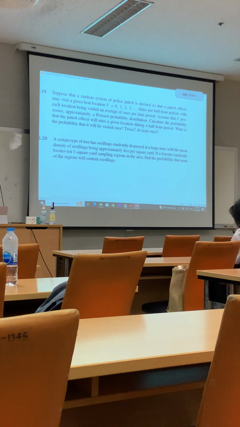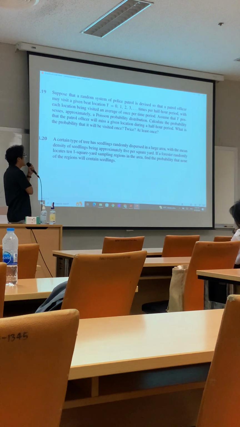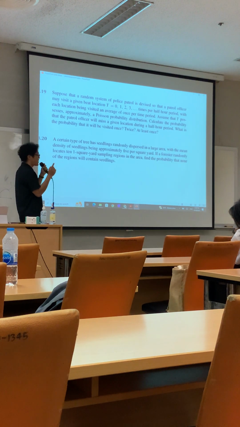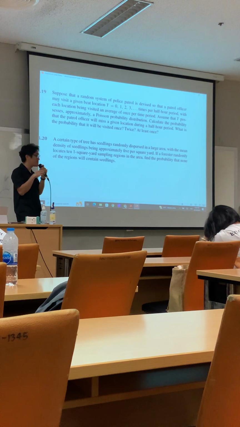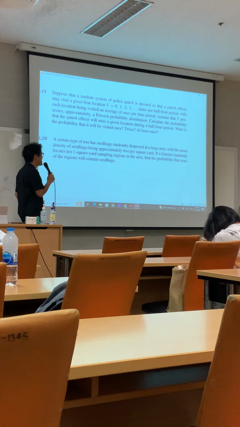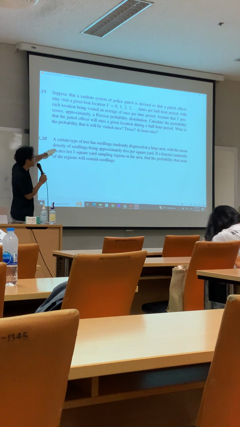Example 3.20. Okay, listen to this. This is the first example that you see in terms of area, not time. A certain type of tree has seedlings randomly dispersed in a large area, with the mean density of seedlings being approximately 5 per square yard.